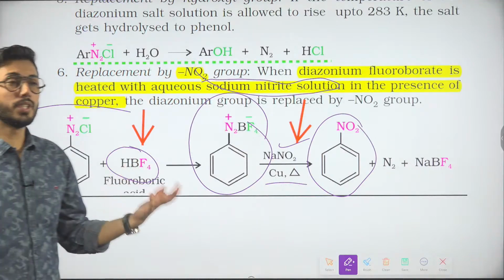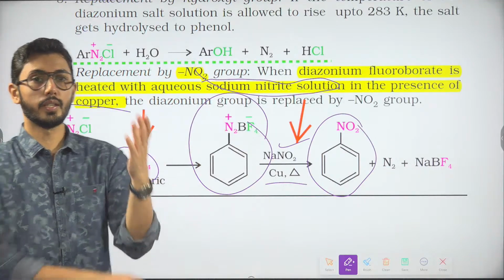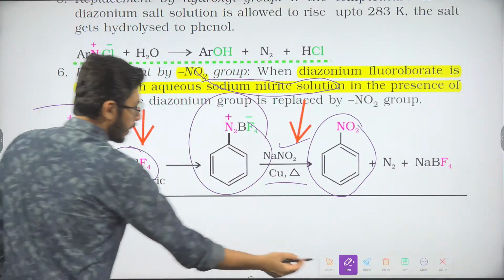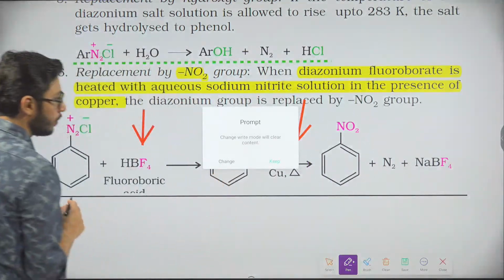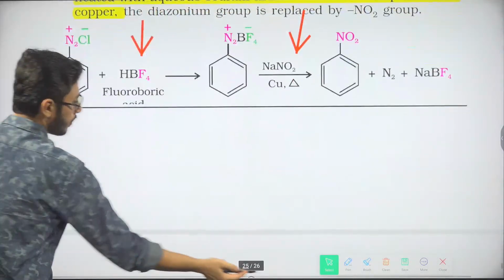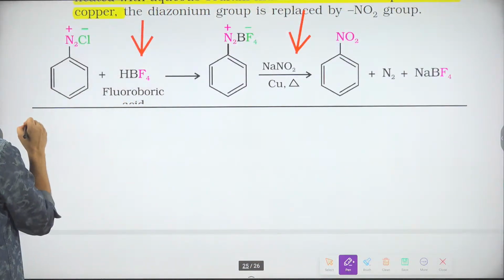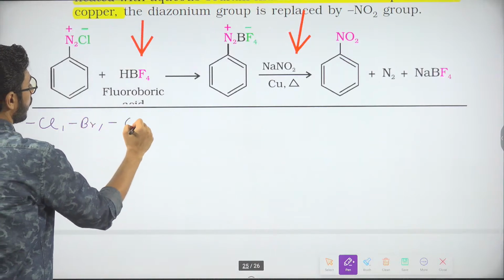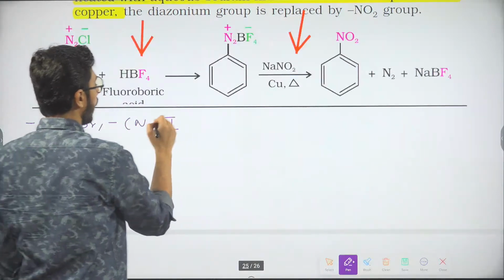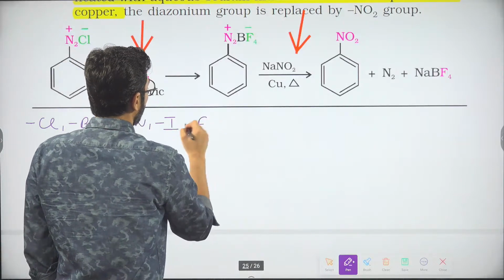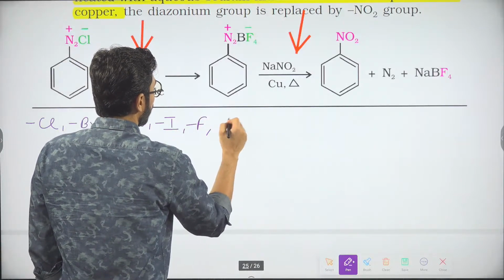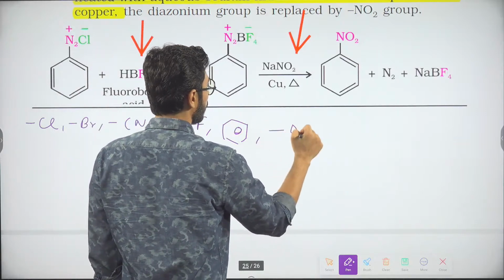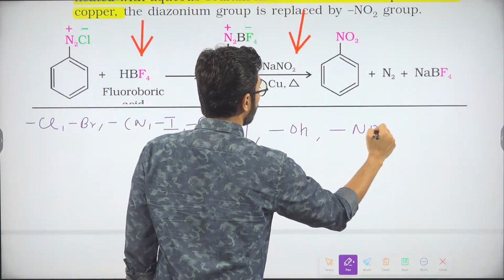So these are which reactions? Direct conversion reactions. Diazonium salt is converted to which compounds? It is converted to chlorobenzene, bromobenzene, benzonitrile, iodobenzene, fluorobenzene, benzene, phenol, nitrobenzene.